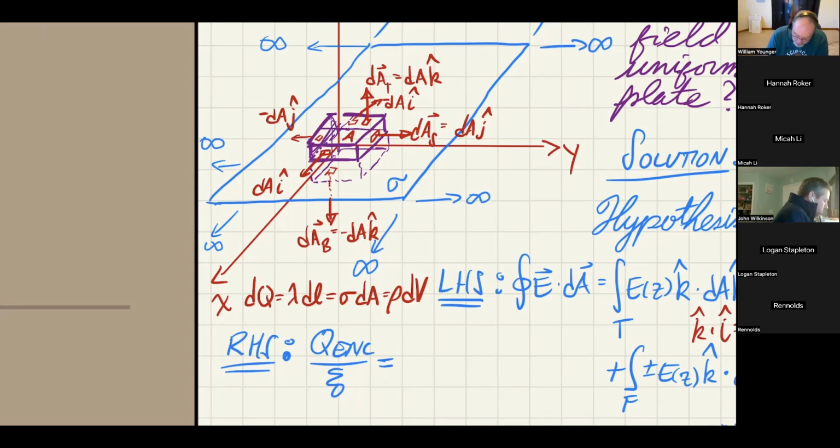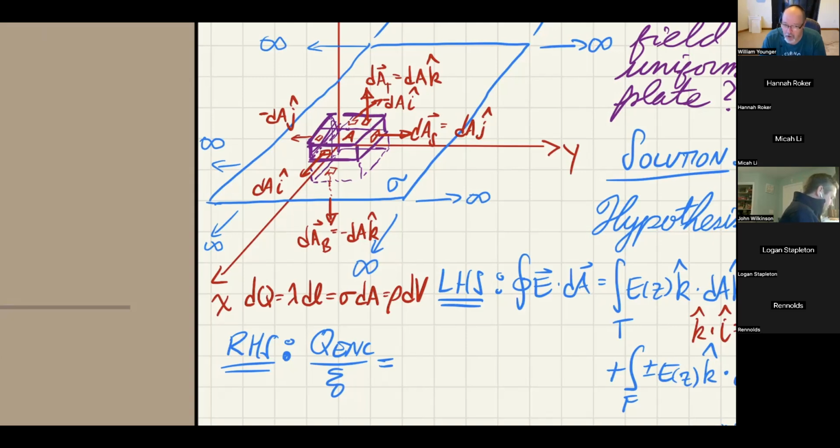So Q enclosed, when you have a density of some sort, this, for instance, is an infinitely large plane with uniformly distributed charge on it over 2 dimensions, right? There's a third dimension, but it's infinitesimally thin in some sense. And because of that, it's a two-dimensional object. So that should be your first thing to make you think, oh, well, sigma is probably the charge density that we're going to use. And then, of course, you look up here and see that literally on the diagram, I have a sigma. So that should not have been a problem.